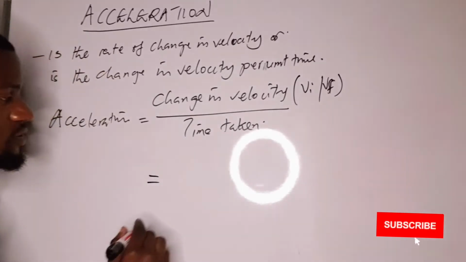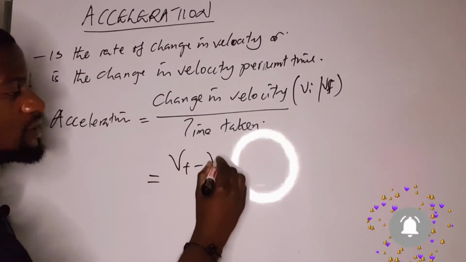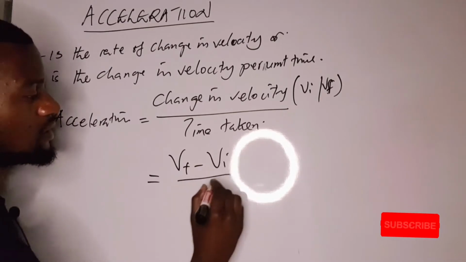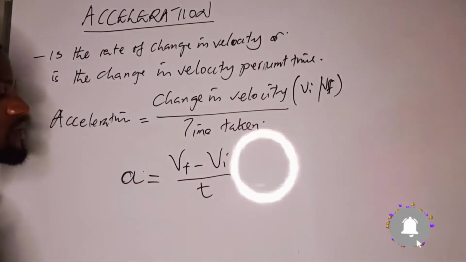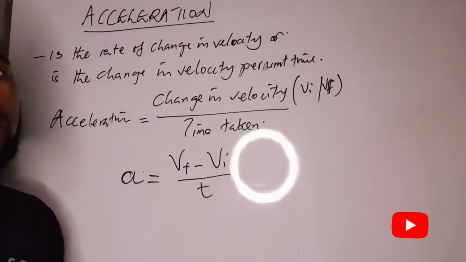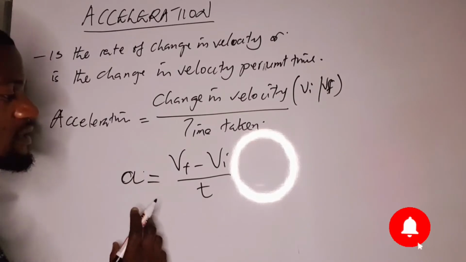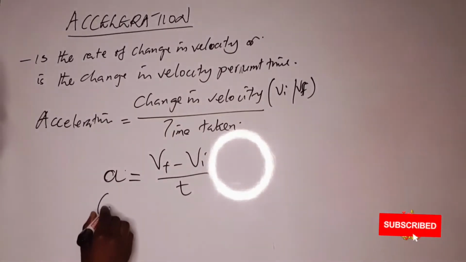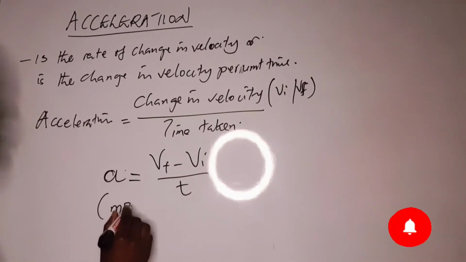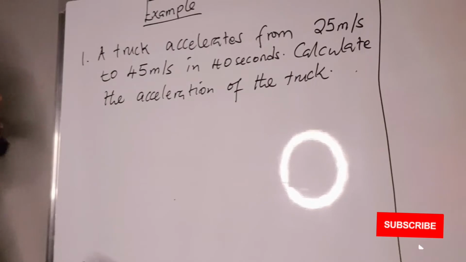So we are going to say final velocity minus the initial velocity divided by time is equal to what we are saying as the acceleration. So therefore acceleration is equal to change in velocity divided by the time taken, and acceleration is measured in meters per second squared.